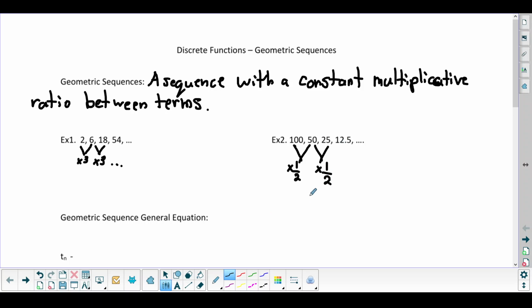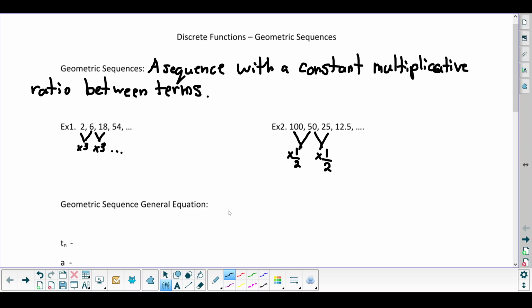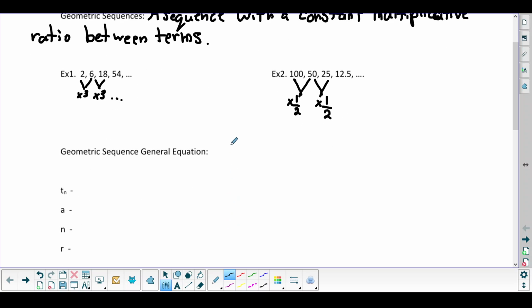So these multiplicative ratios are similar in concept to some of the stuff we saw in exponentials, a repeated multiplication happening. Okay, and we'll see with our general equation here for geometric sequences that it's very similar to our exponential equations formula because this is an exponential repeated multiplication relation.